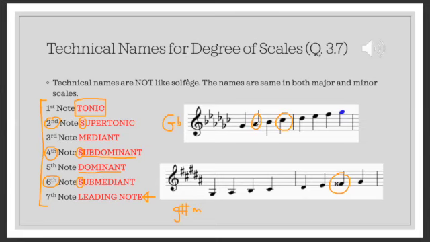So you need to know your scales very well, and you also need to know these technical names. If they give you a minor, and you're not sure whether it's melodic or harmonic, keep your options open. So if the note that they show you happens to be in either, then it should be correct.